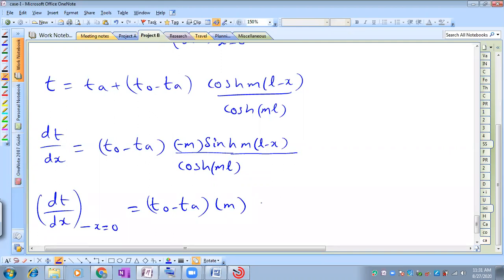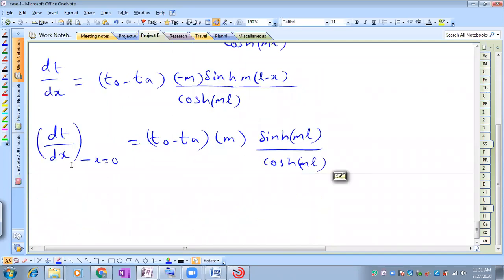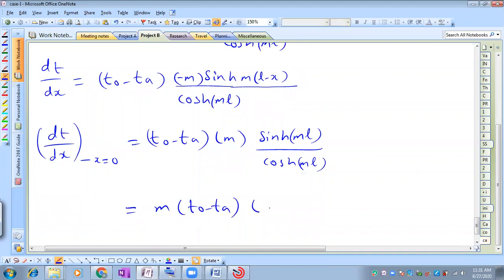It will remain hyperbolic sin of mL divided by hyperbolic cos of mL, which we can further consider to be the hyperbolic tan of mL. So I can write dT by dx at x equal to 0 as m into (T0 minus Ta) into hyperbolic tan of mL. This we can substitute in the above equation.